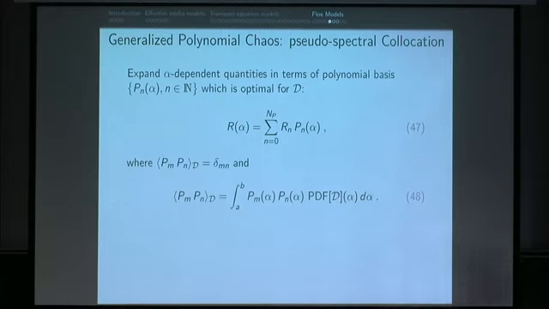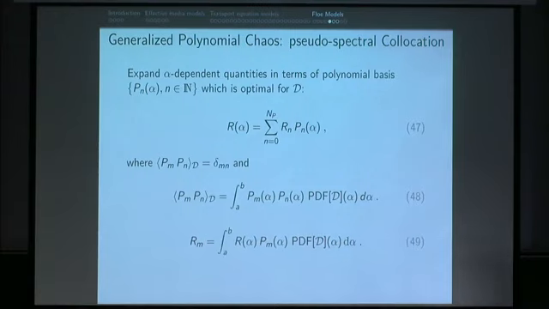Specifically, the scalar product with respect to which this polynomial basis is orthogonal has a weighting function which is just the probability density function of our distribution. And one can show that this sum converges best if you use this basis as compared to any other polynomial basis.